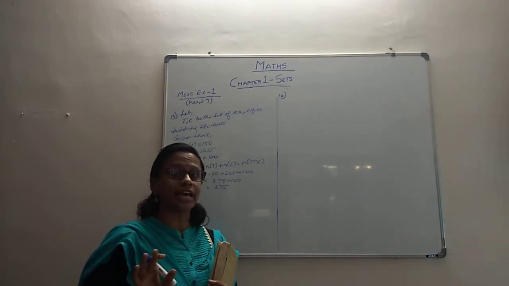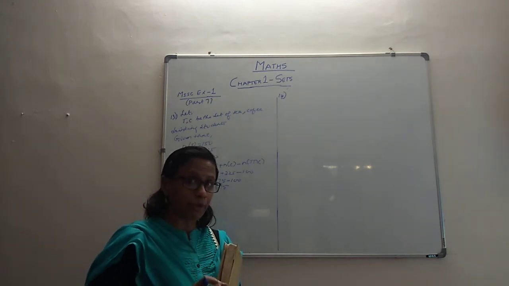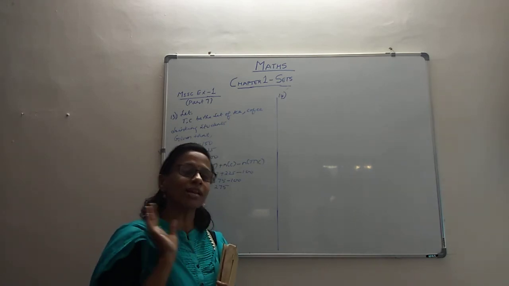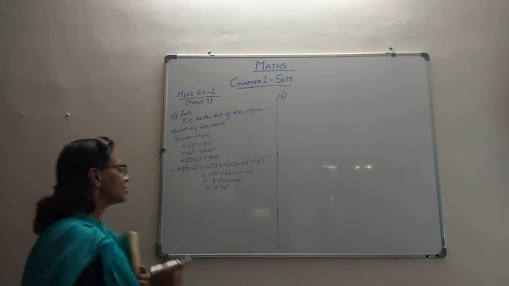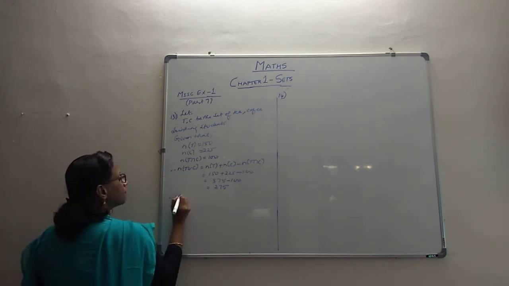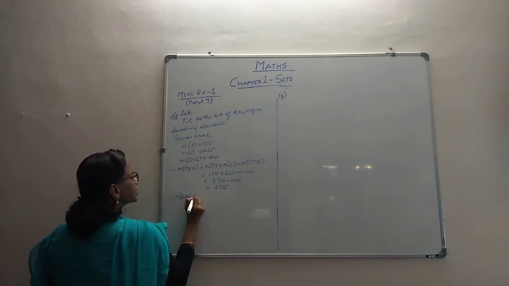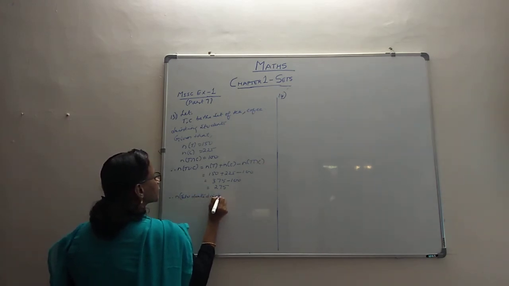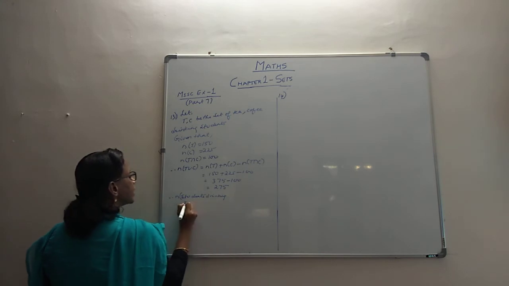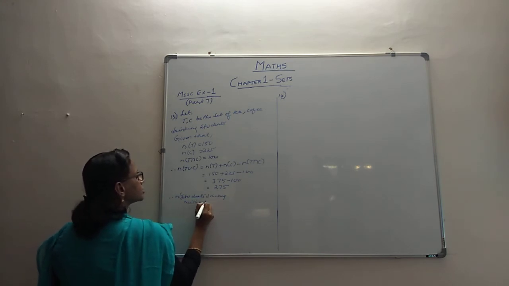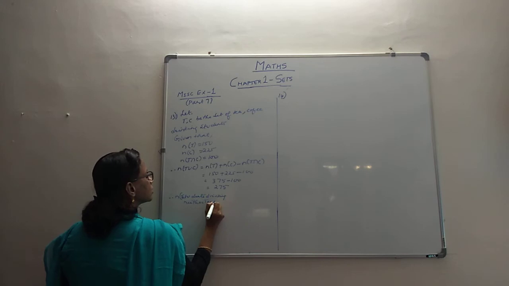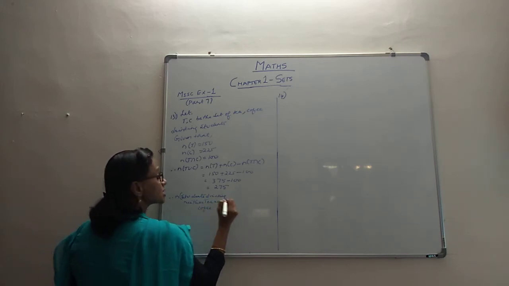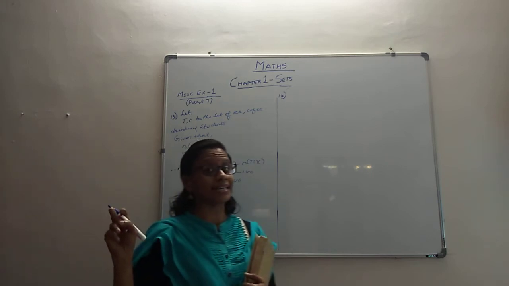But that is not what they have asked us. Find the number of people who drink neither tea nor coffee. We just have to do total minus this. Therefore, the number of students drinking neither tea nor coffee: whenever you get neither nor, you just have to do total minus either or.